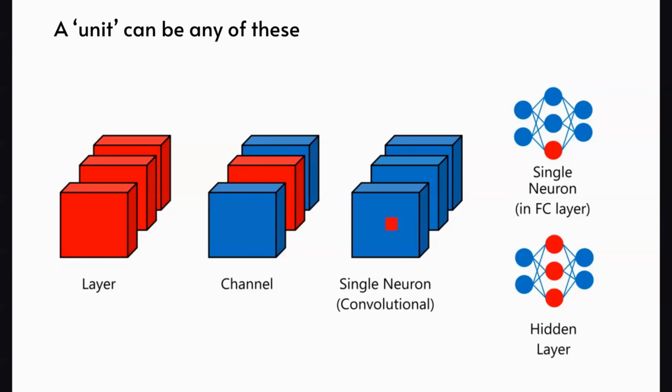Similarly, this was the convolutional part. In the normal fully connected layers, one particular neuron has the output from all the previous layer neurons. That could be a unit, or the whole layer could be a unit.